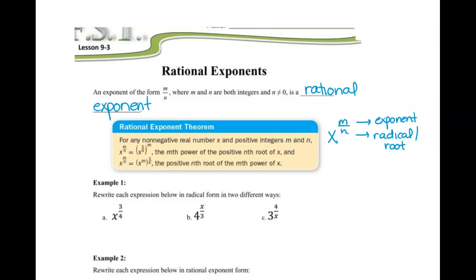It's also true that you can write x to the power of 3 over 5 as x cubed to the 1/5 power, since 3 times 1/5 is 3/5, or x to the 1/5 to the 3rd power, since 1/5 times 3 is 3/5. That's the gist of that formula.